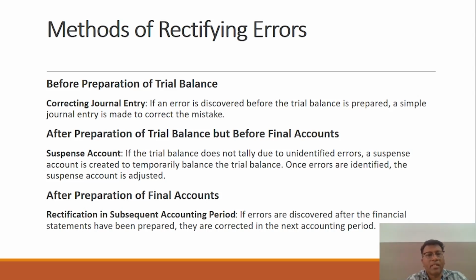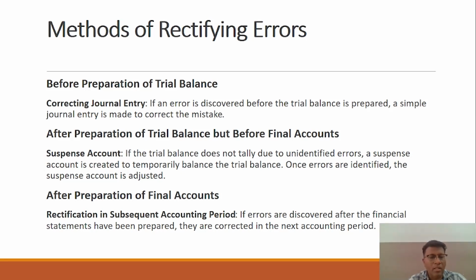So there are three cases, as I told you: before preparation of the trial balance; after preparation of the trial balance but before final accounts; and after preparation of final accounts, when you have to correct the errors in the next accounting period. Practically, to rectify these errors, we would be making rectifying entries, and there would be a particular format.